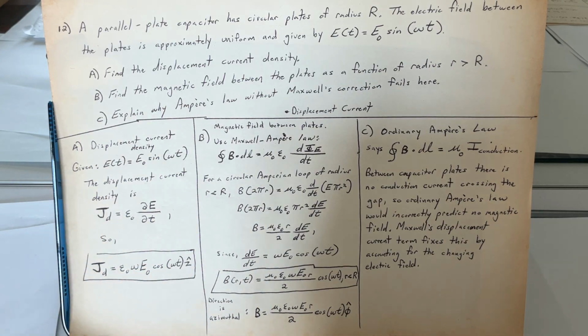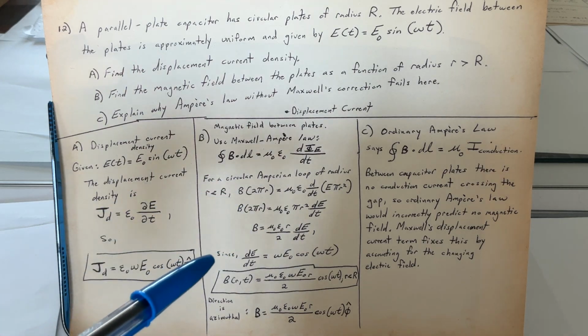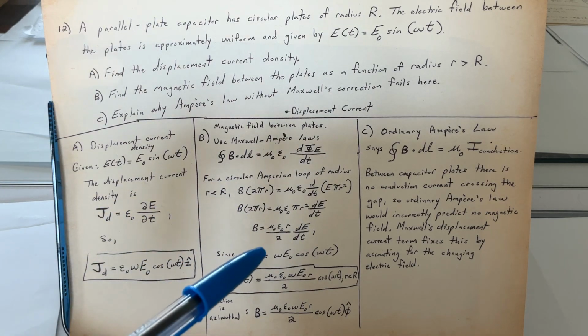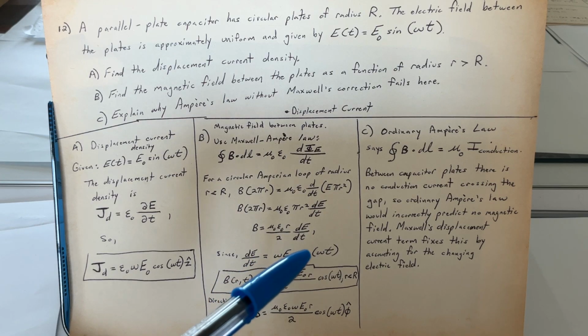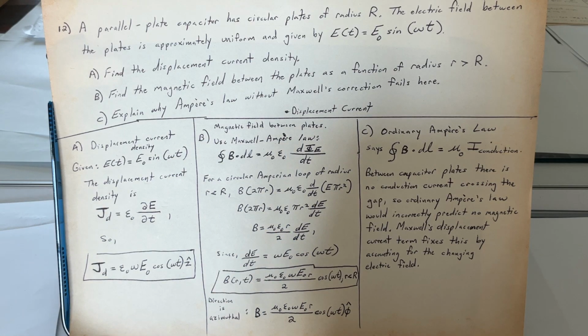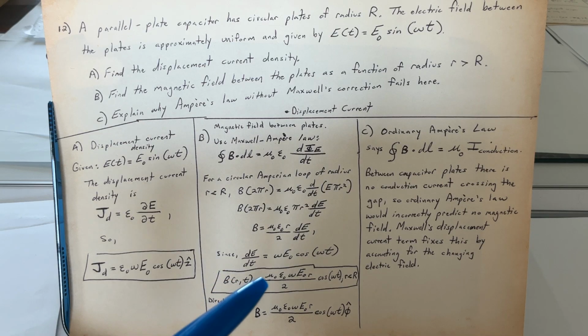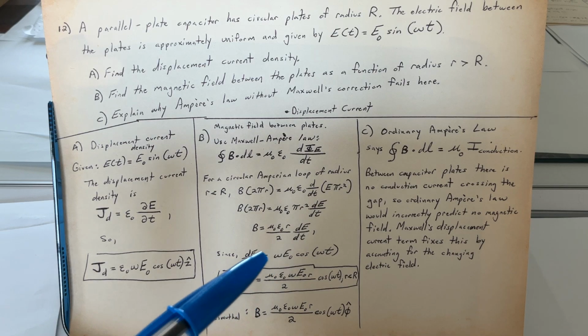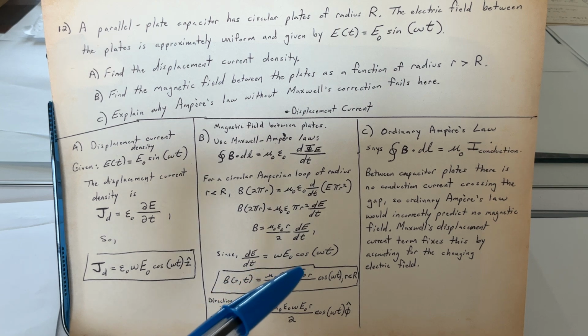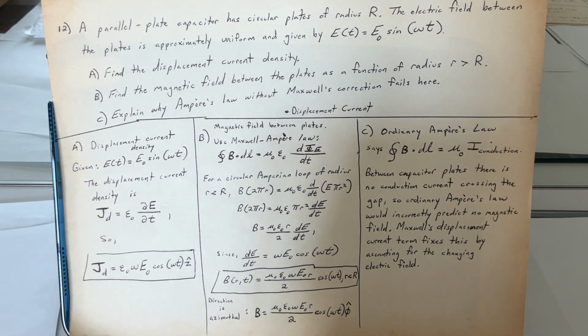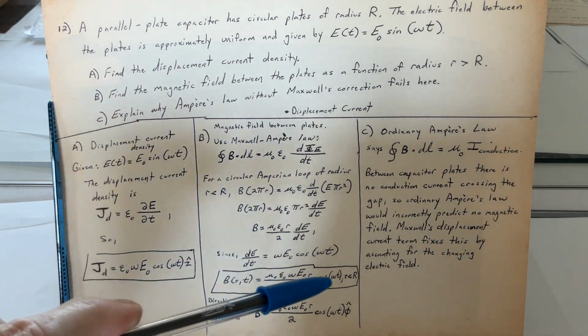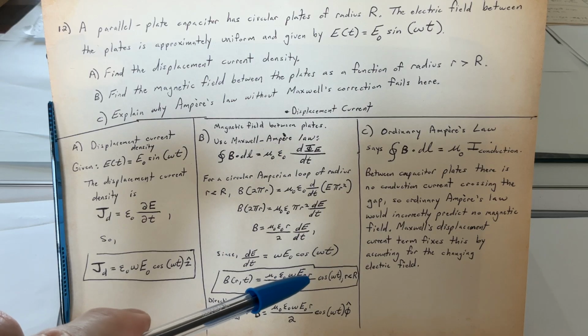B equals mu naught epsilon naught r over 2 dE dt. If we take the derivative, that's omega E naught cosine of omega t. So B of r, t is mu naught epsilon naught omega E naught over 2 times cosine of omega t, where r is less than R. Oh, and there's an r in the numerator too, lowercase r.